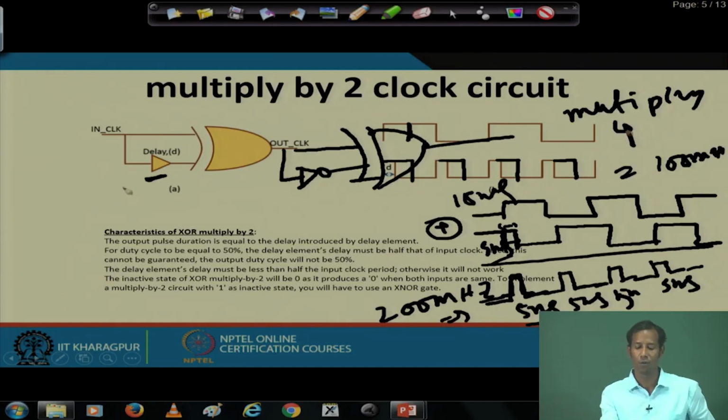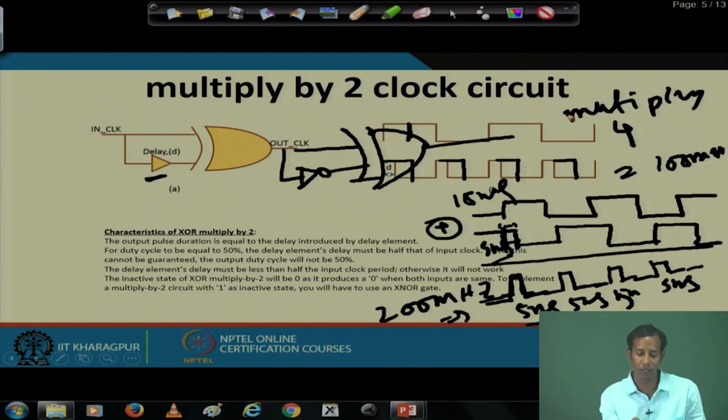Whenever we add this kind of chain in series, it will be multiplied by 2, then 4, and if I add again, then it will be multiplied by 8. If I add these in series, the multiplication factor of the clock will also increase.